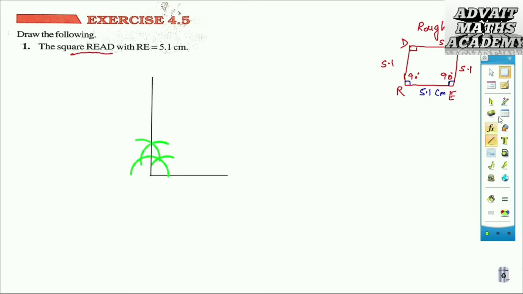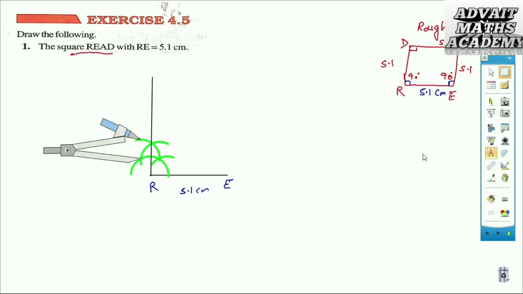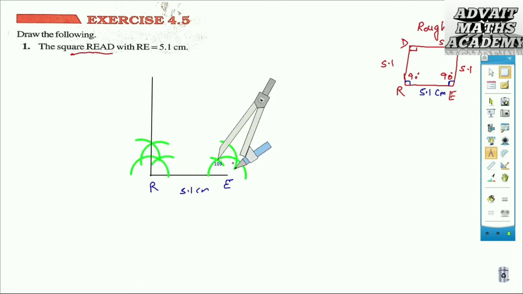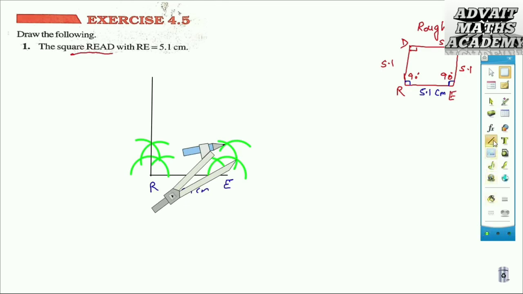Similarly, again draw the 90 degree, draw a semicircle, first cut and second cut. Then we get the 90 degrees in between, draw with the help of a ruler.